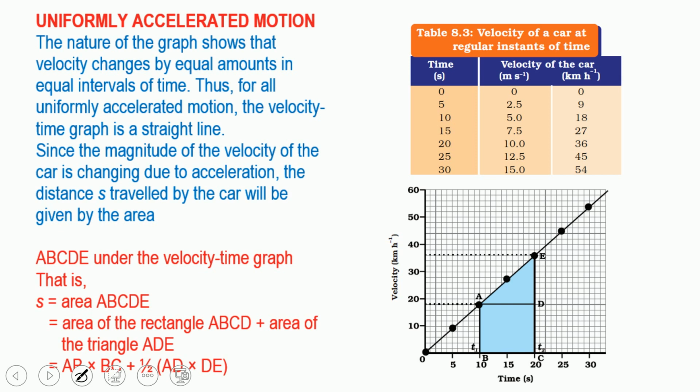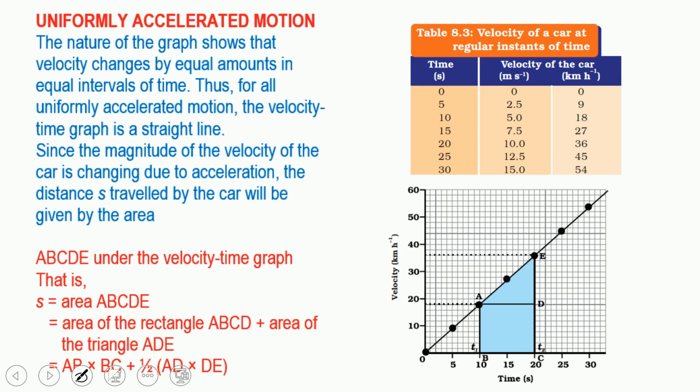In uniformly accelerated motion, the nature of the graph will be a straight line, as you can see in the side.